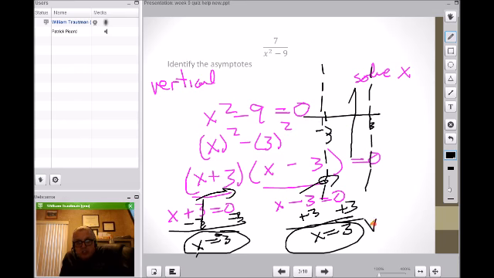These are my two asymptotes, x equals 3 and x equals negative 3. X equals is a vertical line. So all you have to do to find the asymptotes is make the bottom of any fraction that you have equal to 0. To find the vertical asymptotes, make the bottom equal to 0 and solve for x.